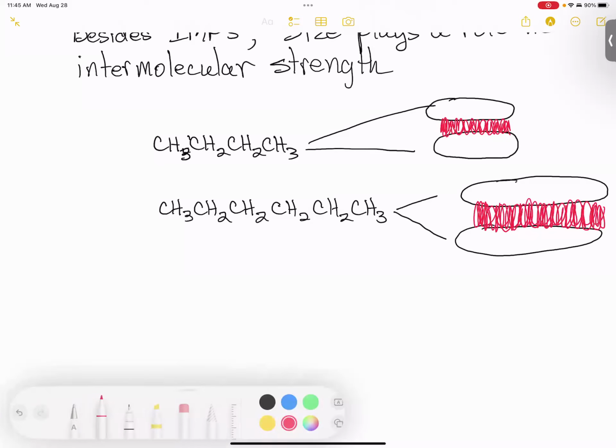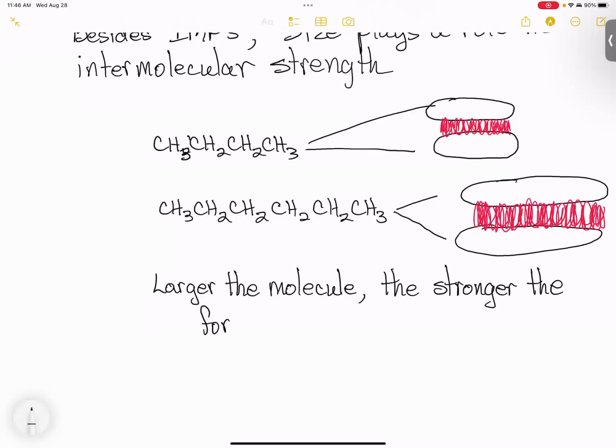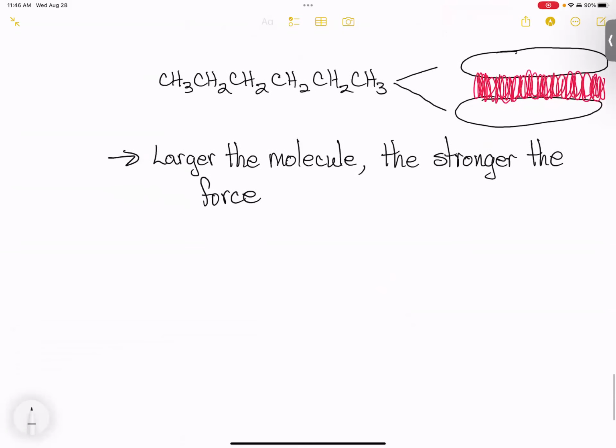So we can say the longer the molecule or the larger the molecule, the stronger the force. Now, I did go back and include shape in that original statement because the shape does make a difference as well.